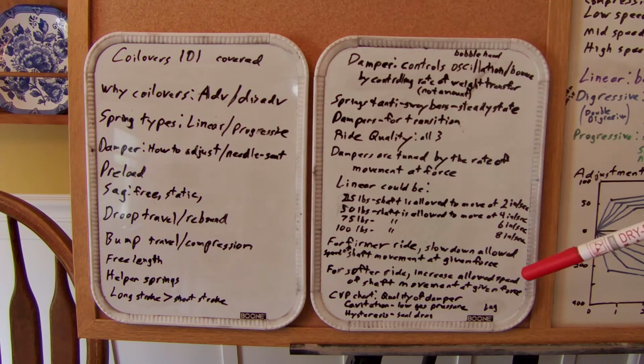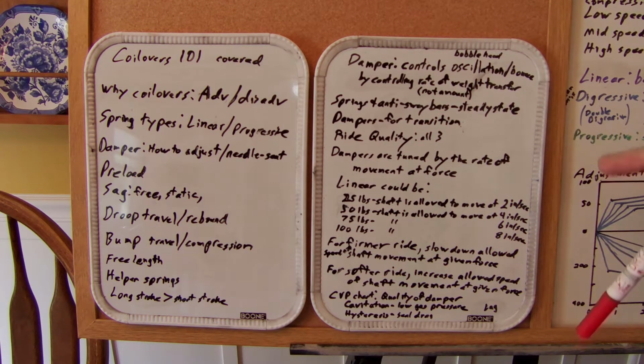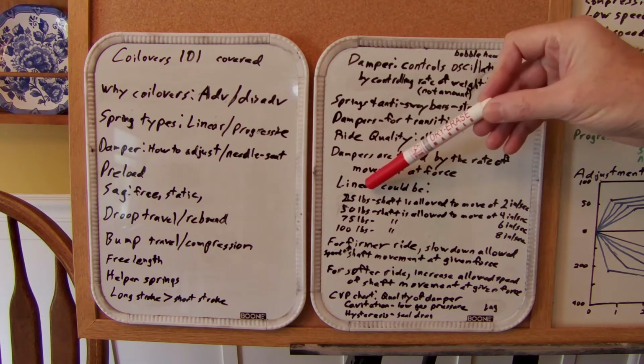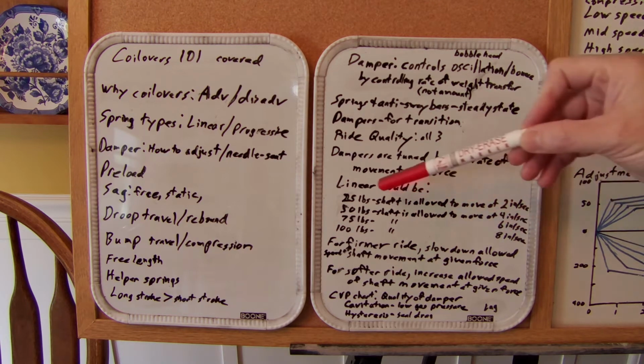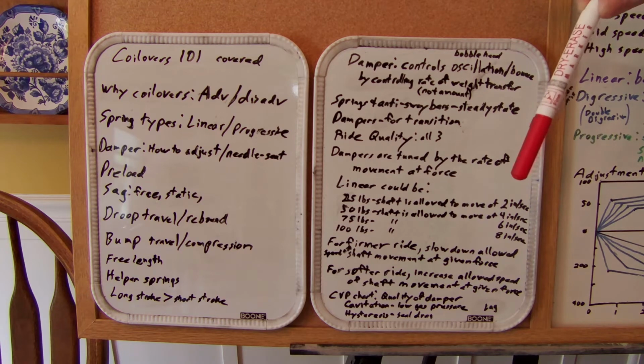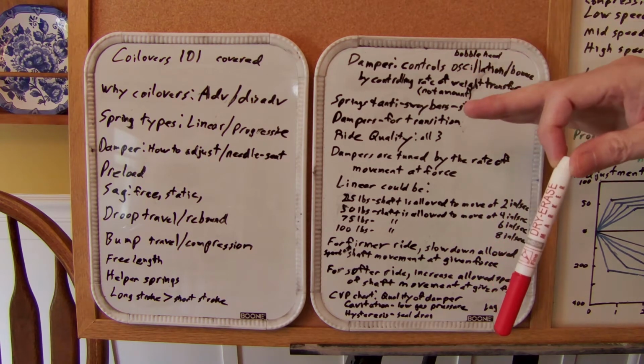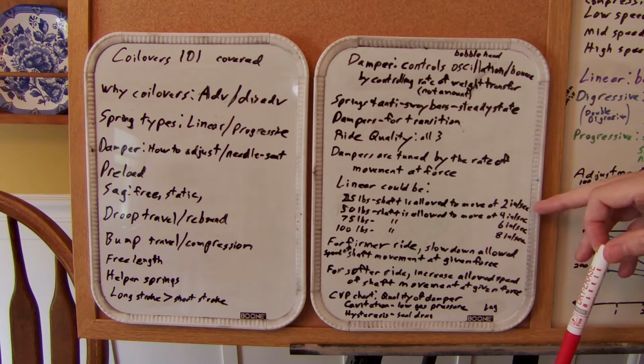If you have a damper that has the shaft extended all the way with no spring, and you were to put 25 pounds, in this example, this is just an example, of weight on top of that damper, and the shaft was tuned to allow 2 inches a second of movement at that 25 pounds, that damper would start dropping at 2 inches a second.